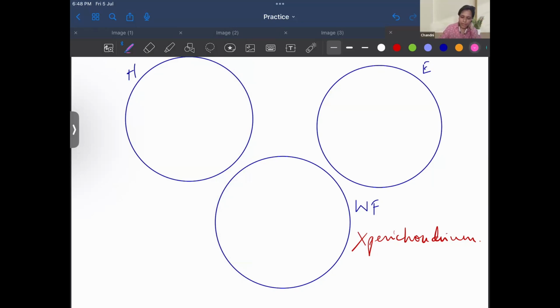Now, perichondrium has an outer fibrous layer, and then an inner cellular layer. What is this cellular layer actually? These are nothing but chondrocytes themselves. Where are these chondrocytes coming from? They're coming actually from the center.